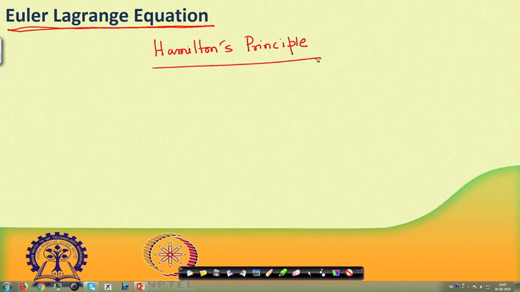Hamilton's principle is a more generic principle and the Euler-Lagrange equation is derived from it. I will not go into the mathematics because this involves slightly advanced mathematics which is beyond the scope of this course. So, we will directly write down the Euler-Lagrange equation.